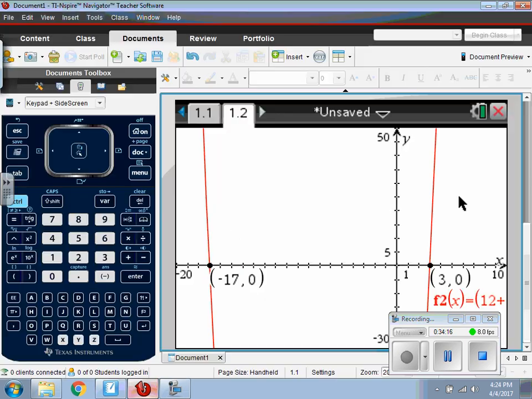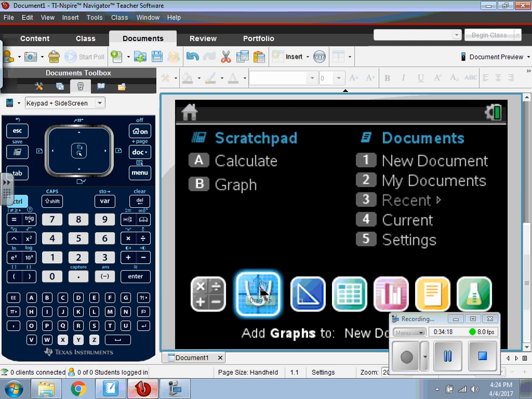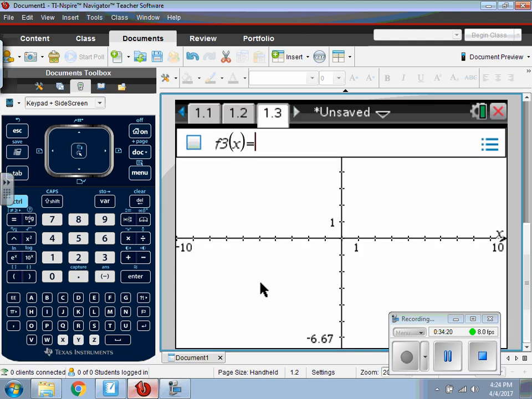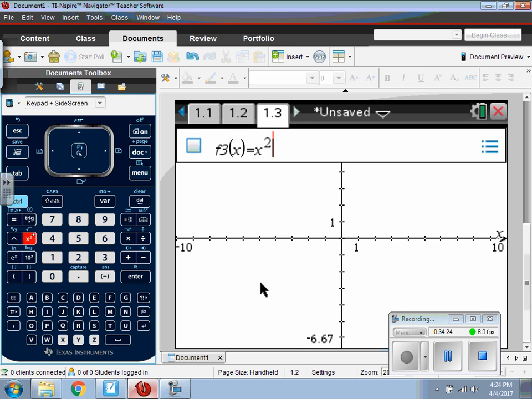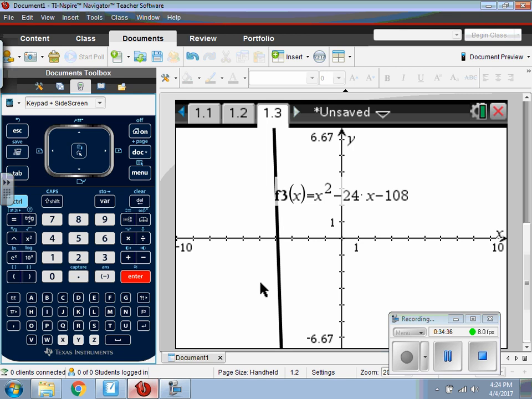So I'm going to go over to my calculator, add a new graph. Into my graph, I'm going to type in my trinomial, x squared minus 24x minus 108. Double check it. Looks good. Oh, no, that was a plus 108.